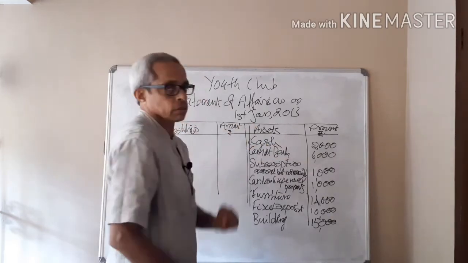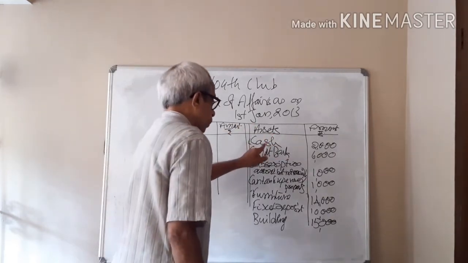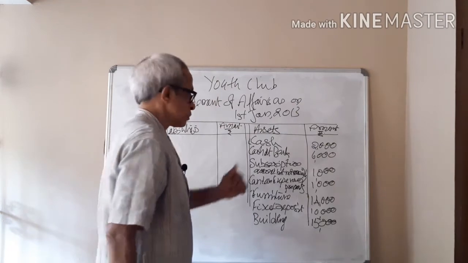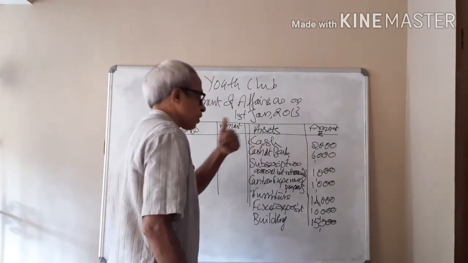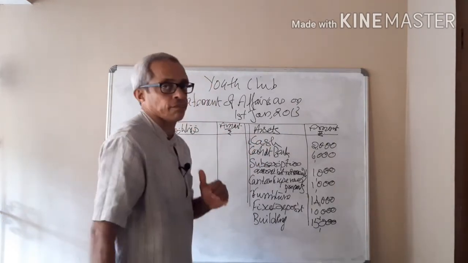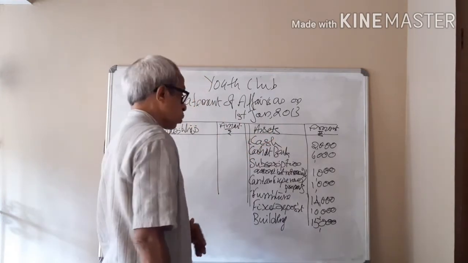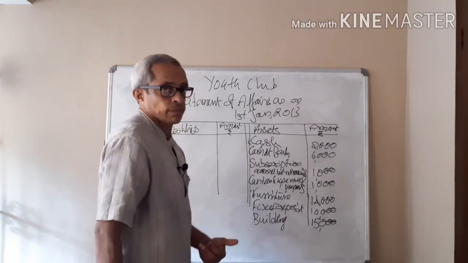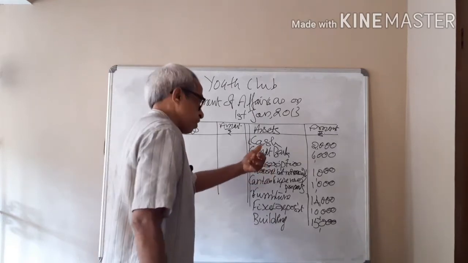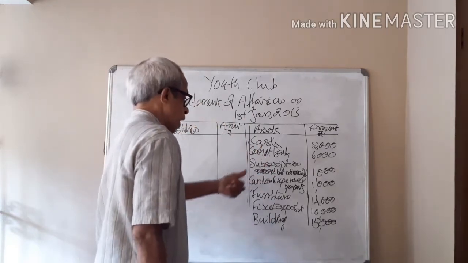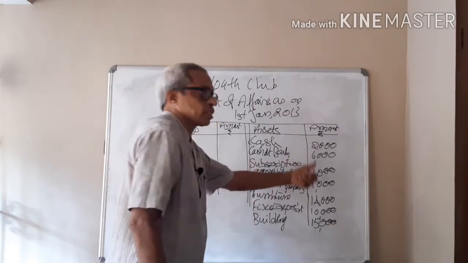First is cash. It is an opening cash balance that is taken from the receipt side of receipts and payments account, cash at bank, receipt side of receipts and payments account, and then subscription accrued but not received.